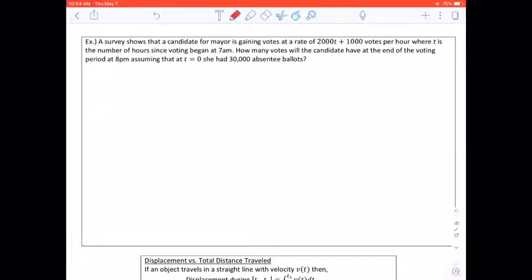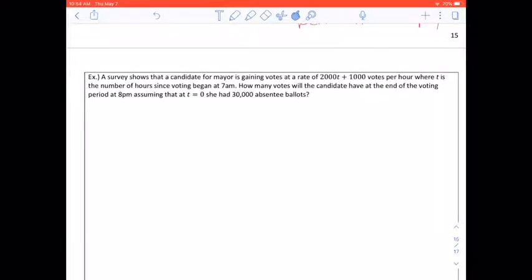So we have, how many hours was voting open? Voting was going from 7 a.m. until 8 p.m. So that's a total of 13 hours of voting.